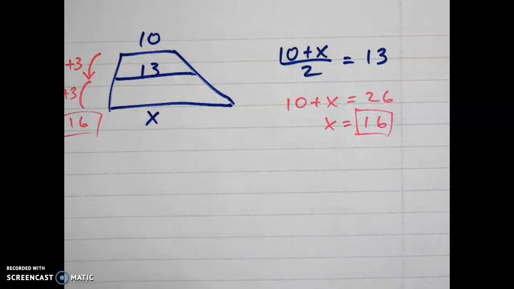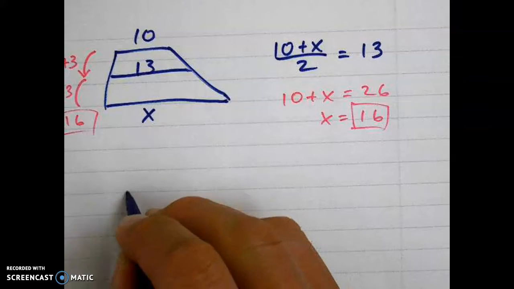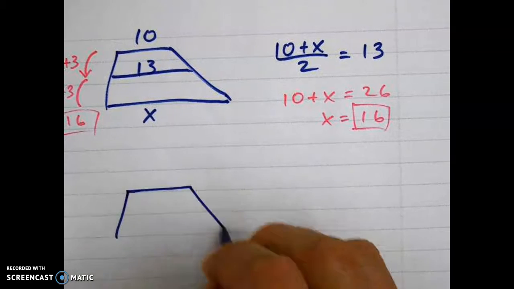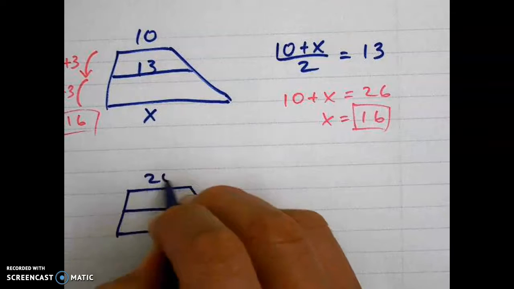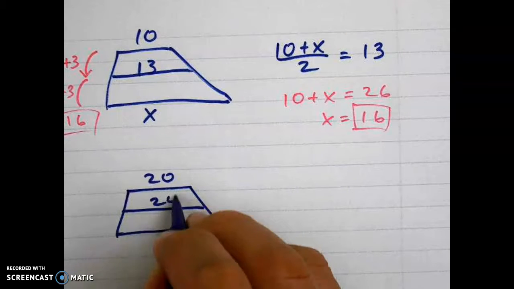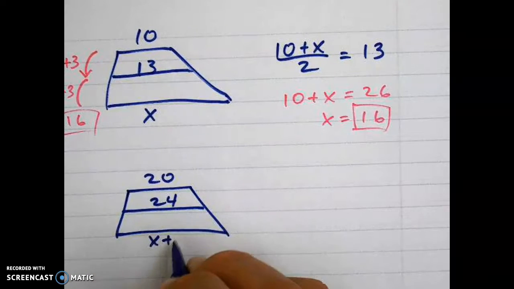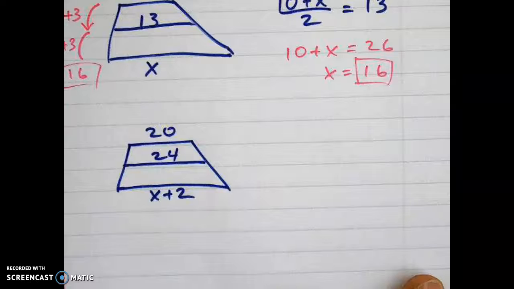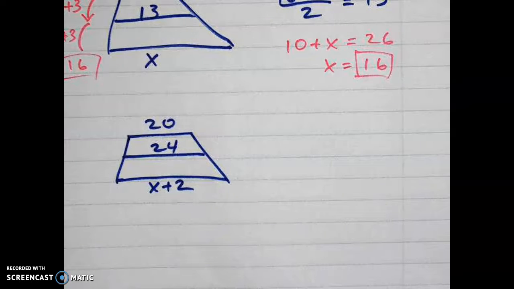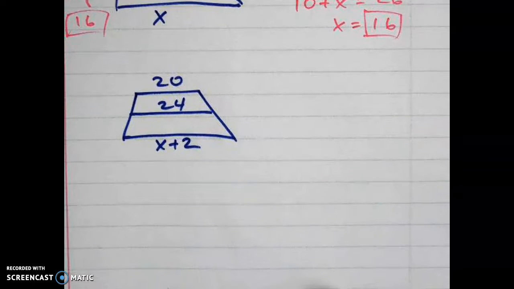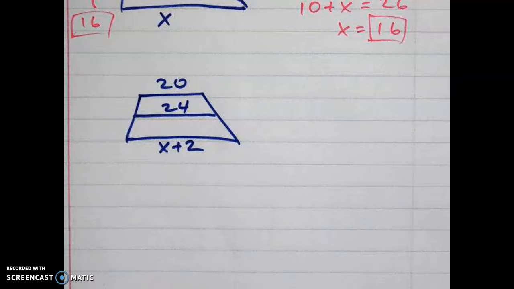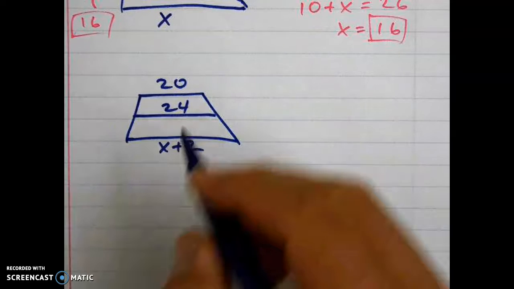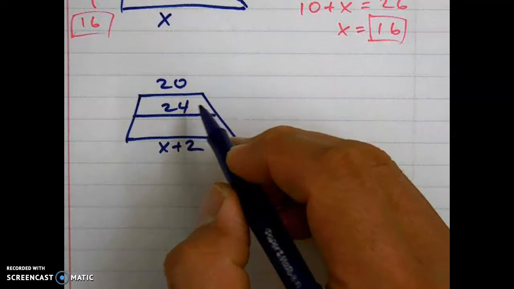Now what if I complicate things? So let's say this is 20 and this is 24, and I say this is x plus 2. What if I complicate things by adding variables to it? Expressions. So you can use the same idea, okay?